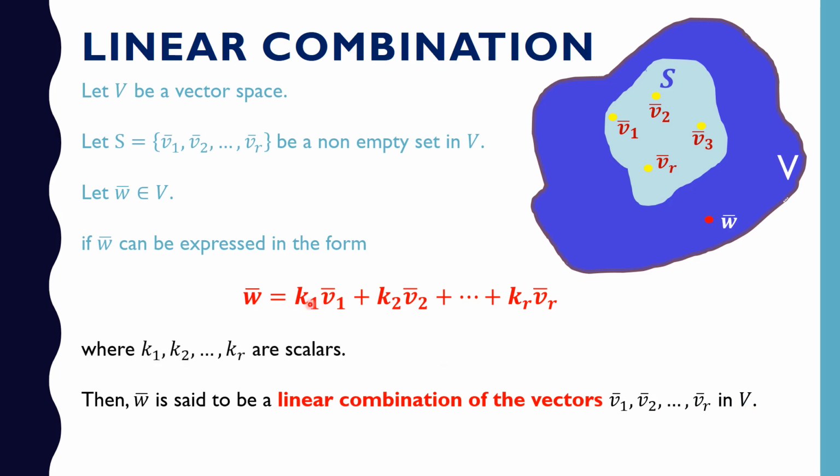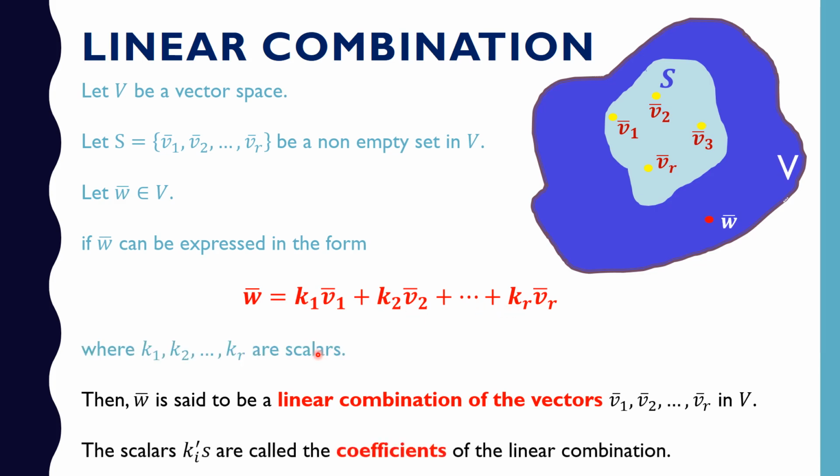Here, the constants K1, K2, ..., Kr are scalars and are sometimes referred to as the weights or coefficients of the linear combination.